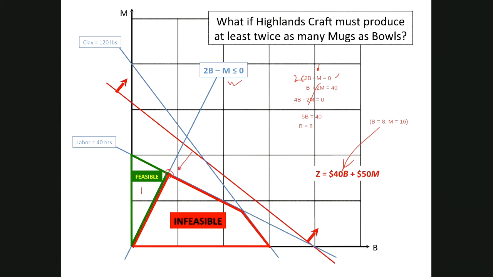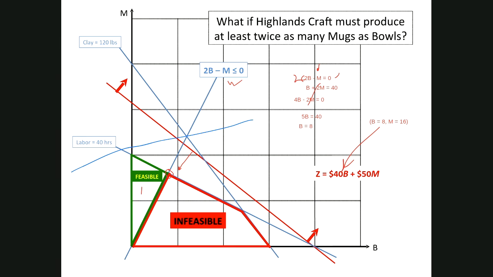And you can take that back to your boss and say, well, we can do this, but it actually is going to cost us profit. Okay. A couple of things I want you to notice. Number one, anytime you add a constraint, the feasible region either gets smaller or it stays the same. It can stay the same. For example, if we added a constraint that fell like this, it would fall outside.